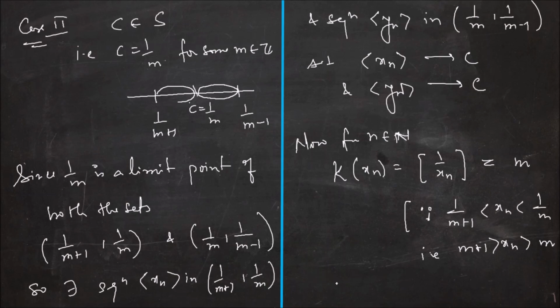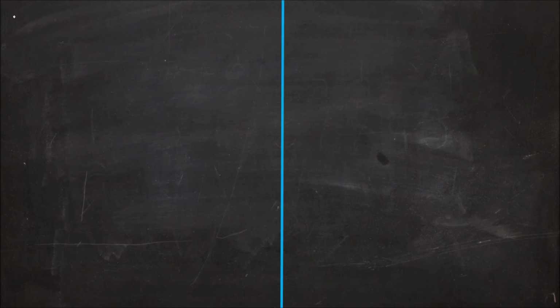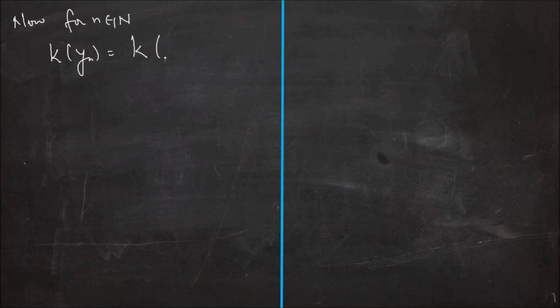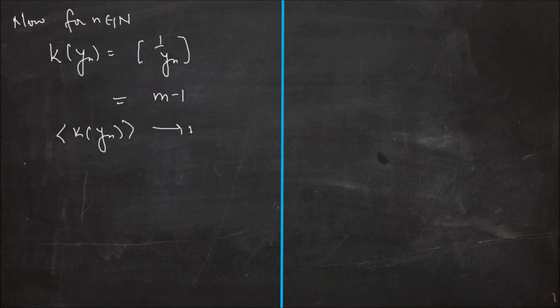So clearly k of xn converges to M. Now for n belonging to N, k of yn is equal to the greatest integral value of 1 by yn, which is equal to the smaller of the two integers M minus 1 and M, so this is M minus 1. So k of yn converges to M minus 1.